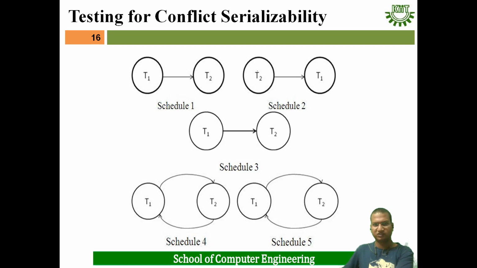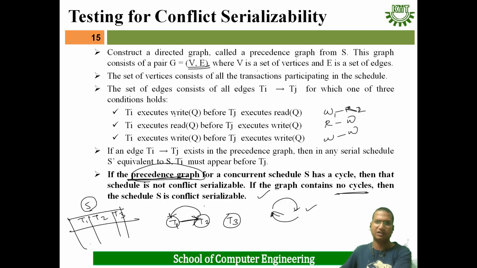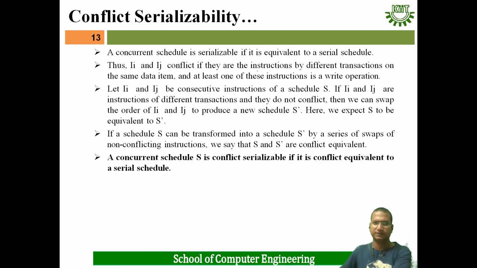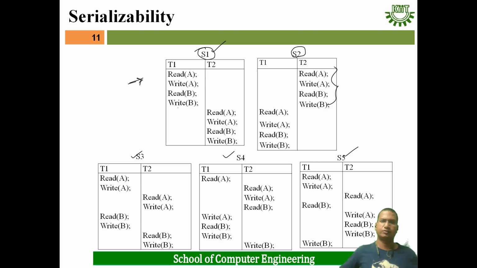Okay. Now we will check schedule S1, whether it is a conflict serializable schedule or not, using a precedence graph. Here two transactions are there, T1 and T2, so we draw two vertices. Then we see if there are any conflicting operations. Read A to write A is a conflicting operation, so we draw a line from T1 to T2.